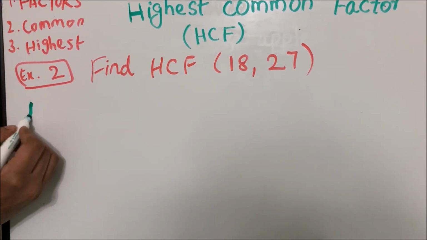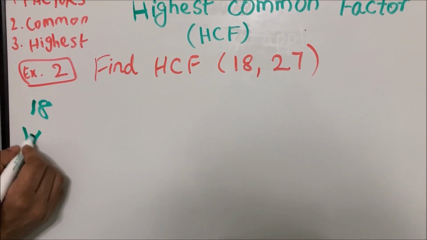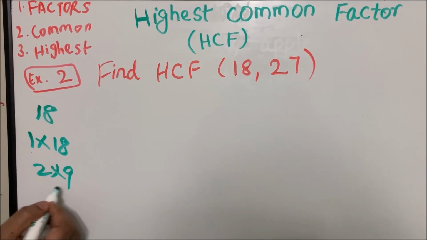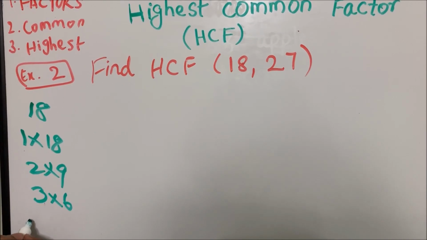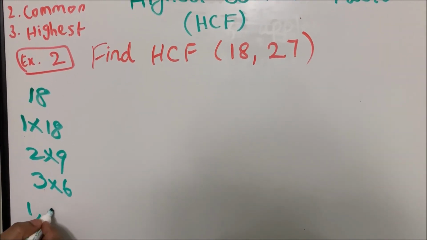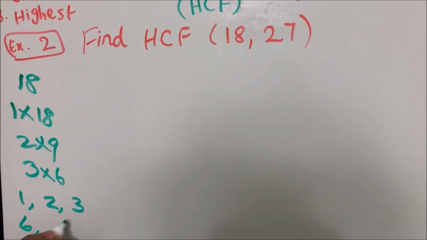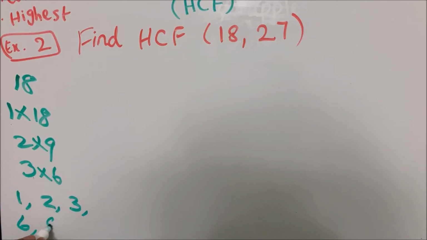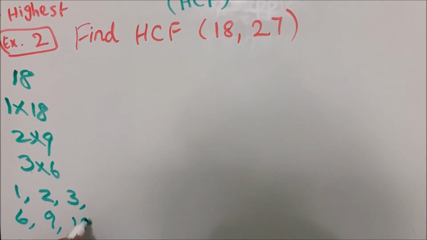Now writing the factors of 18, that is 1 into 18, 2 into 9 and 3 into 6. So the factors are 1, 2, 3, 6, 9 and 18 itself.